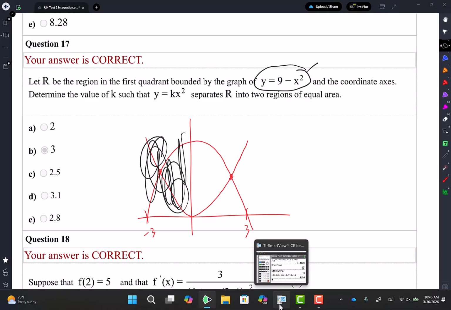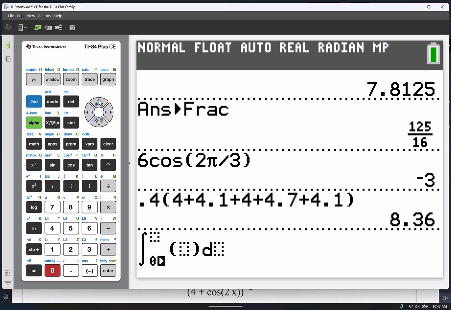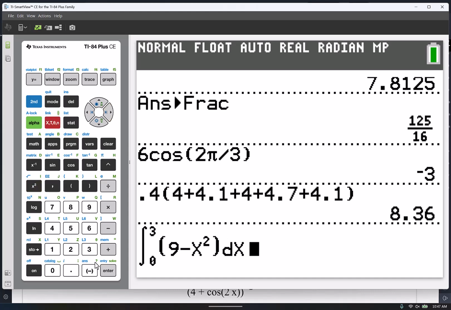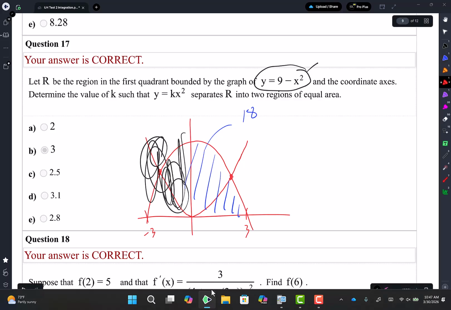I get 18, so all that in blue is 18. If I divide by 2, I want this area in burnt orange to be 9.